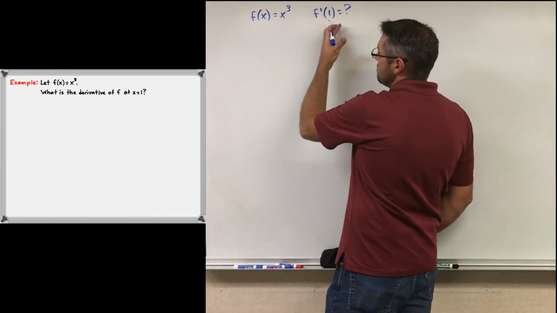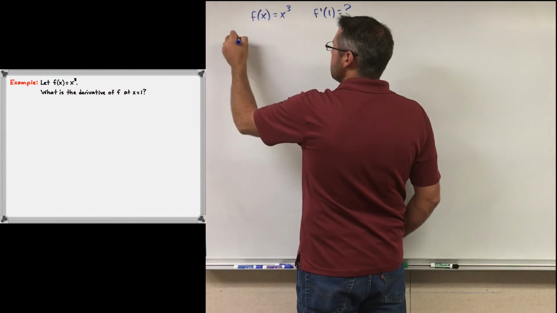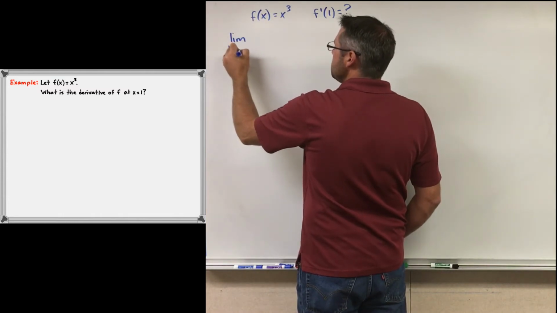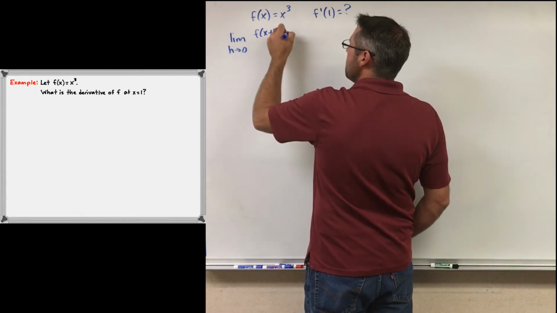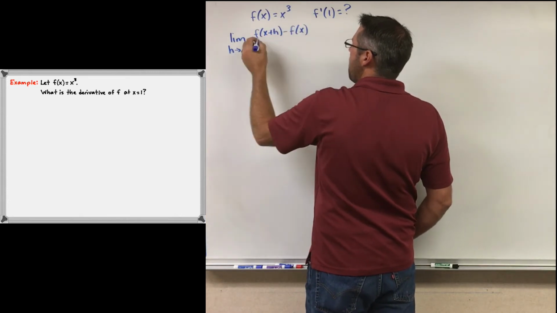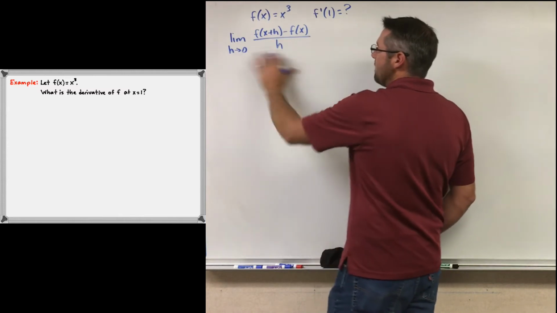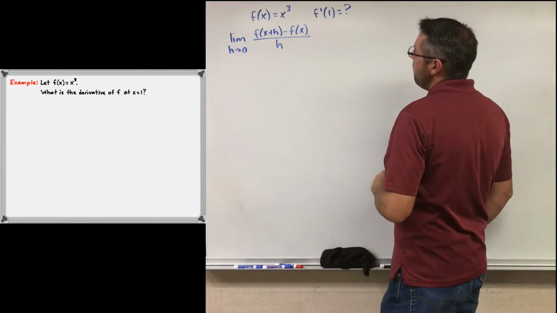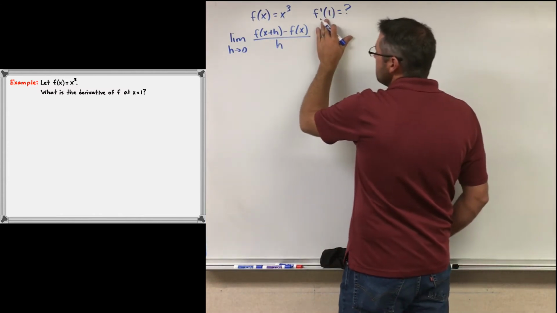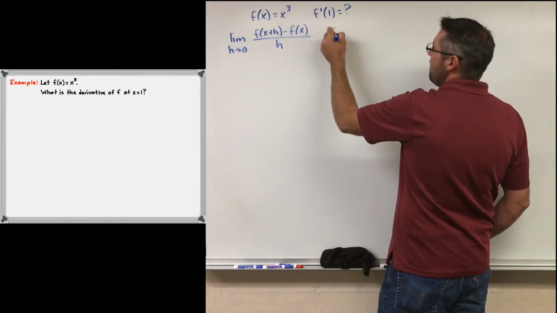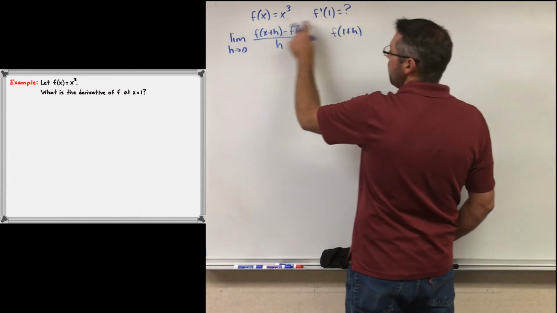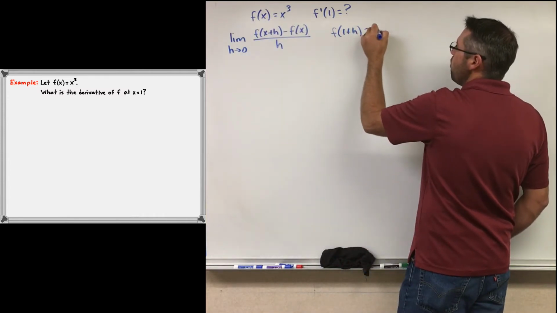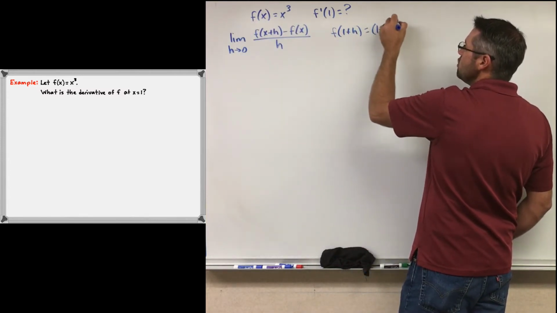Now, how do I find the derivative? Well, I take the limit as h approaches 0 of f of x plus h minus f of x all over h. This is option 1, okay? Now, we want to know at 1, so let's go through that work. f of 1 plus h, because we're plugging 1 into the x, is going to be 1 plus h cubed.